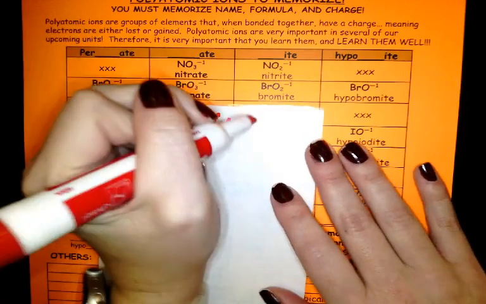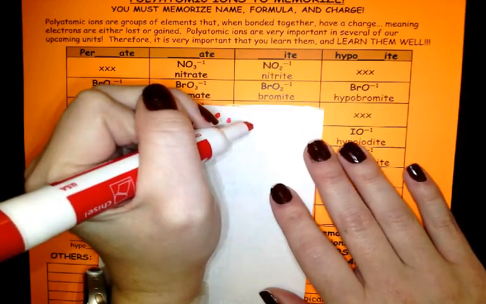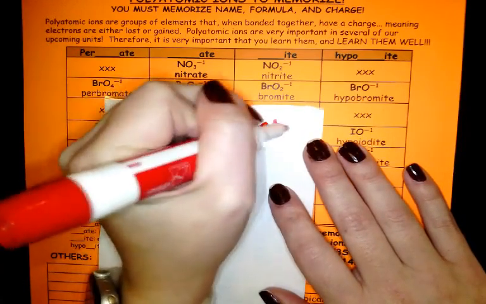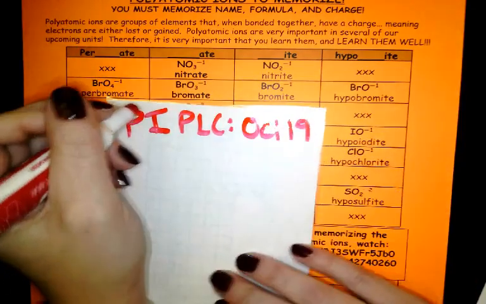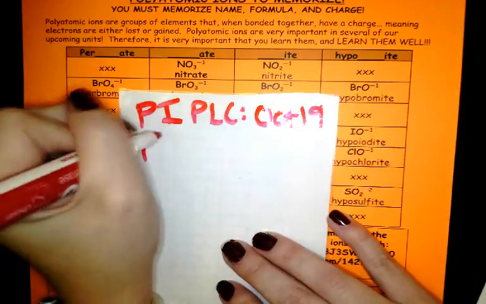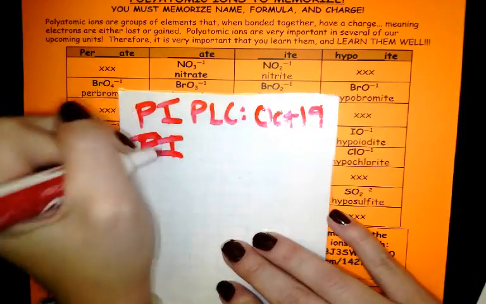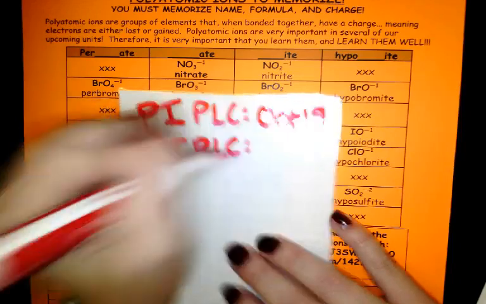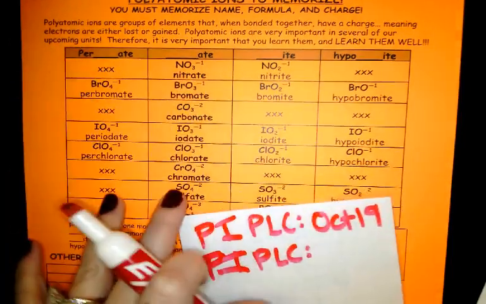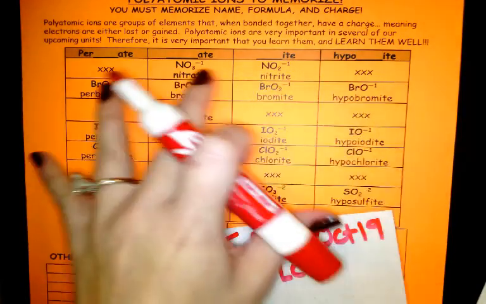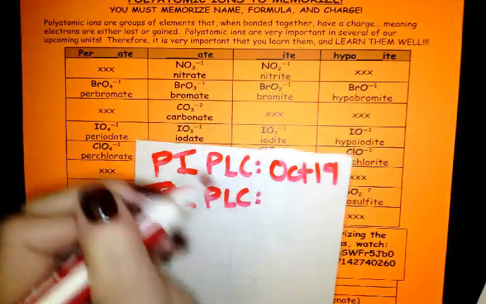Our first PLC is going to be the first 2 columns. Our second PLC is going to be all 4 of these columns. So first 2 columns and then all 4, and that's going to be October 25th.